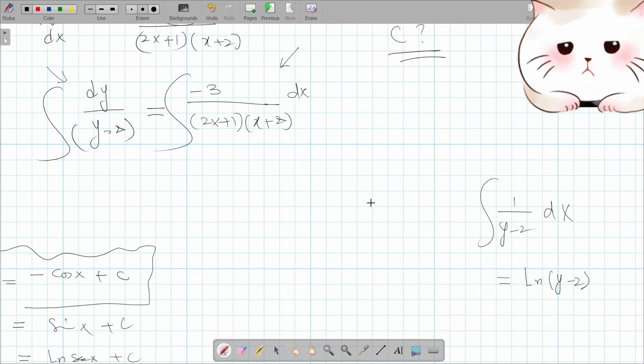Let me write down the partial fractions of this from the book. Let me take it from the book, and I am just coming back. I've definitely done enough practice on partial fractions. Partial fractions are very easy. You only need some practice.